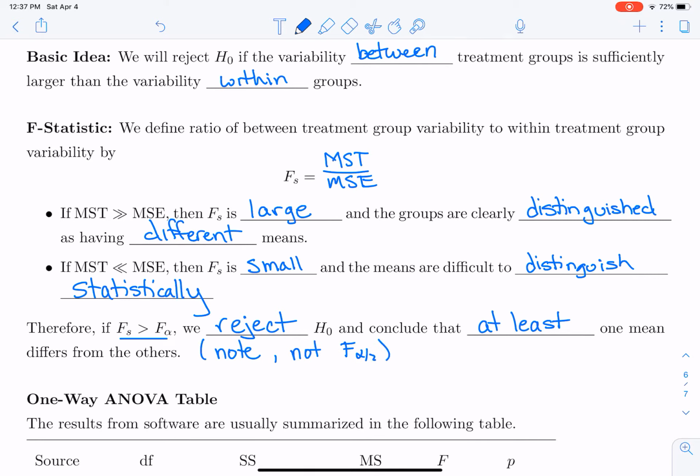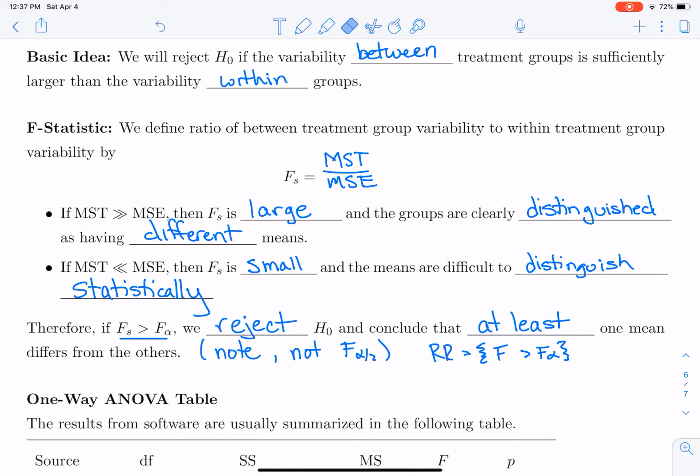This is going to be a directional rejection region. The rejection region is F sub s greater than F sub alpha. This will be very similar to when we've used that kind of rejection region before when we were comparing variances.